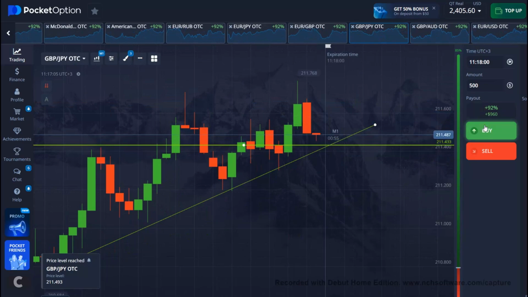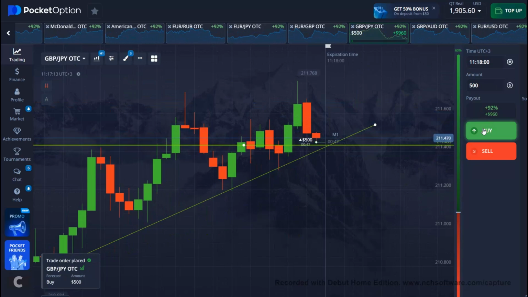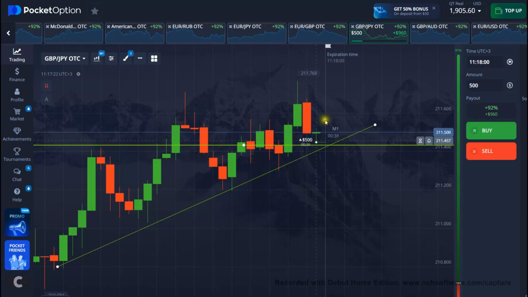Okay, I think we'll have an opportunity right here. Let's wait for the market to get to our entry and then I'll take a trade. Okay, I was a bit early. I didn't wait for the market to get to my horizontal line, but it's fine. I still think that the market will keep on pushing up because we have this higher high as compared to the previous high right here.